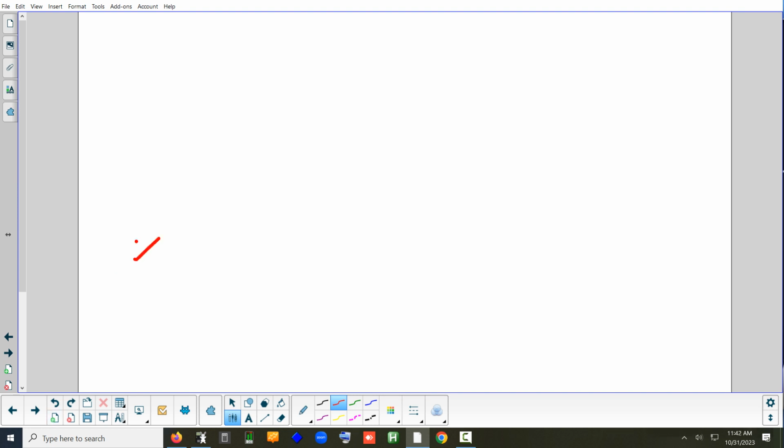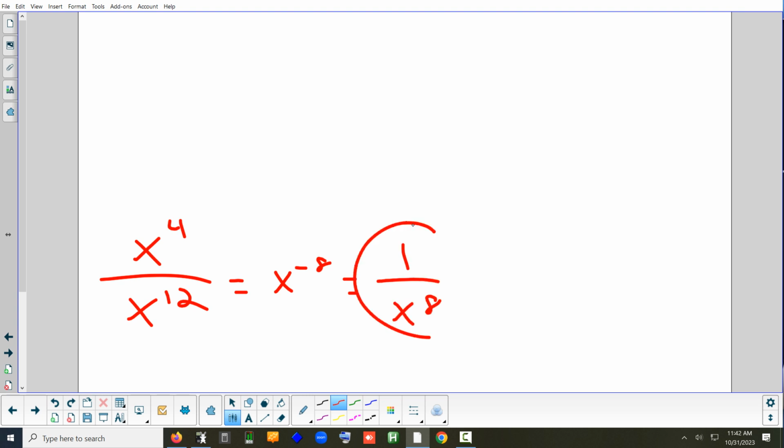So like, what if you had this? You can leave it with a negative for the first step. That would be x to the what? That's x to the -8. Which really means what if you write it with a positive? 1 over x to the 8th. Okay.